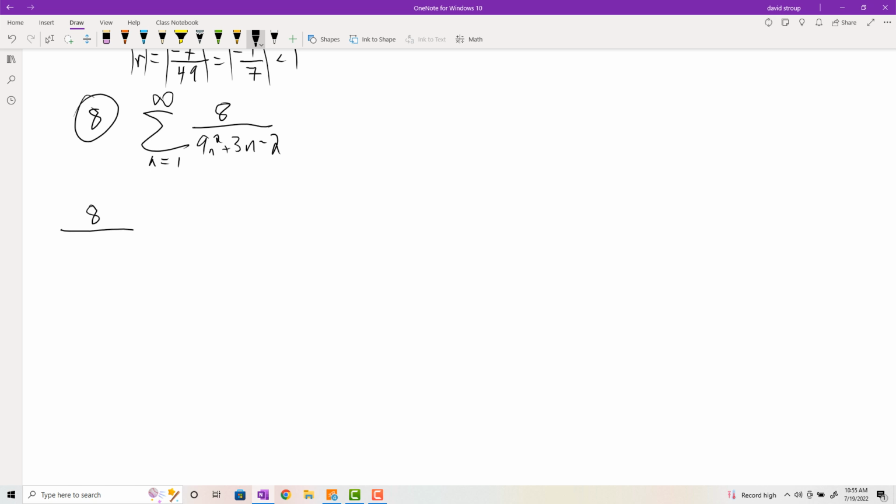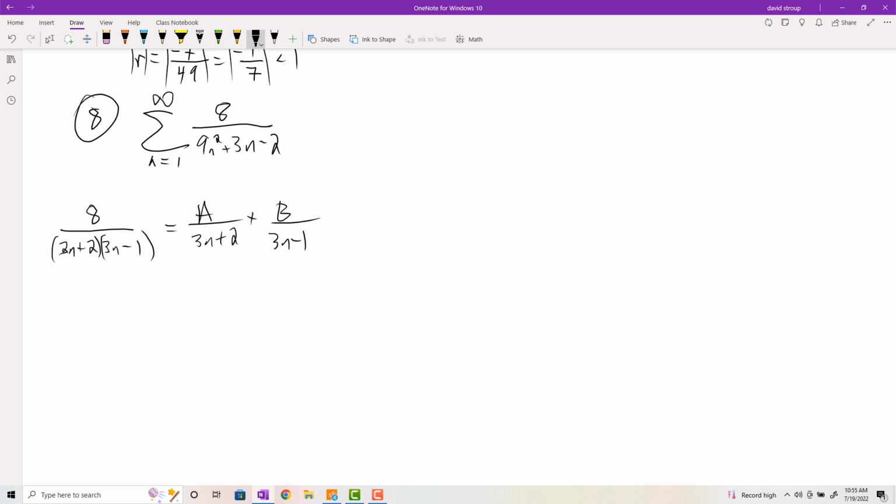Anyways, to rewrite this thing, I'm going to need the partial fraction decomposition. So you have to factor the denominator. This looks like it'll be 3n and 3n, and then plus and minus, and then I think we want a 2 here and a 1 here. Okay, so I'll have a all over 3n plus 2 plus b all over 3n minus 1.